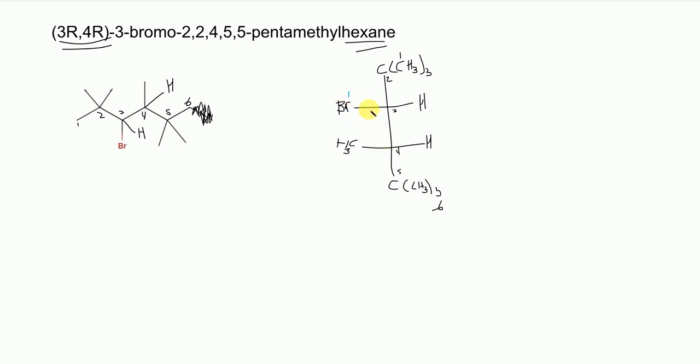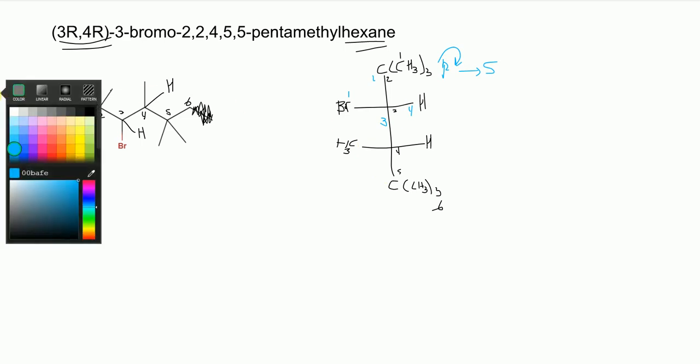Comparing this carbon to this carbon down here, this carbon is attached to 2 other carbons and this carbon is attached to 3 carbons. So this is my 2, this is my 3 down here, and this is my 4. So 1, 2, 3, 4. This is going to be R, but because my hydrogen is on one of the horizontal positions, it flips to S.